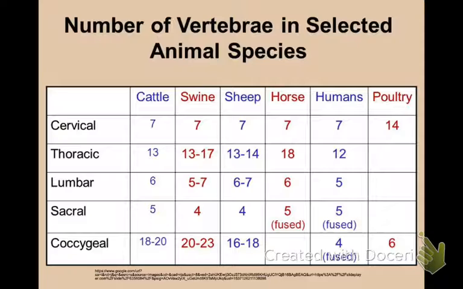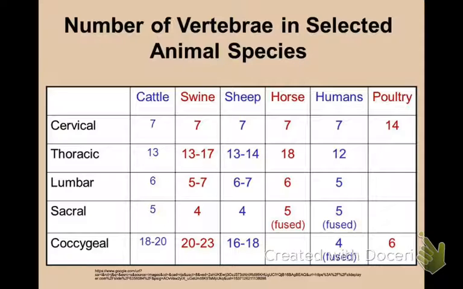Horses have longer backs, so 18 thoracic vertebrae, and humans have one less, 12. The lumbar is the lower back, the heavy vertebrae in the lower back, and I would say 6 is the average number for most. Humans happen to have 5, but dogs and cats actually have 7, and you can see somewhere between 6 and 7 is typical.